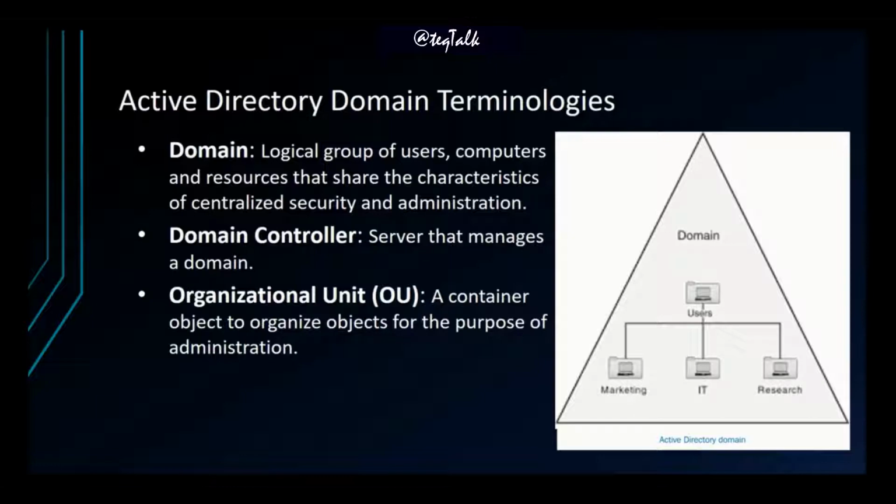So what I will do is keep those users in containers. In Active Directory, there are default containers, and we can also make manual containers defining the purpose. In those containers we can place objects like users, computers, resources, and they are primarily there so that the management becomes easy.